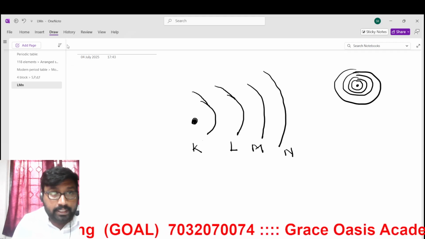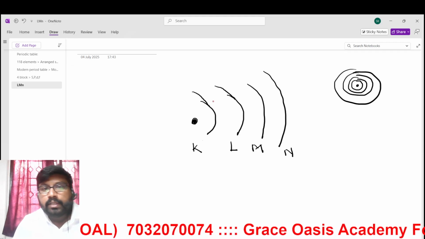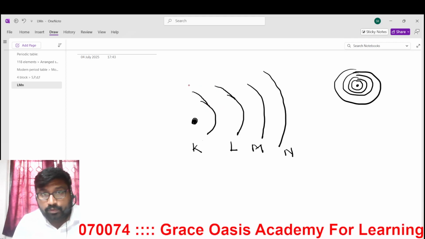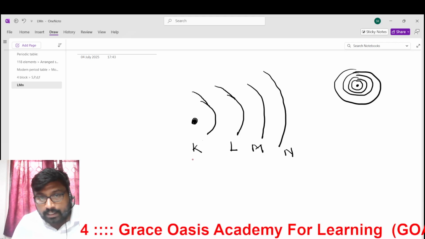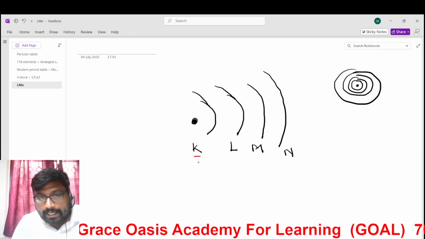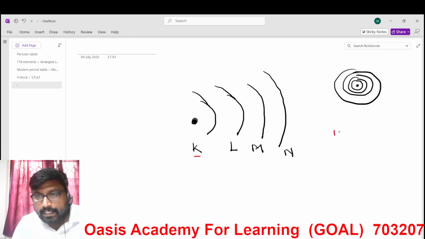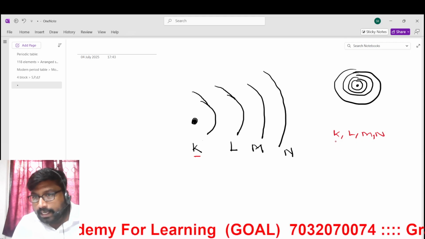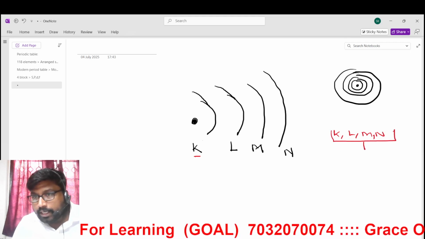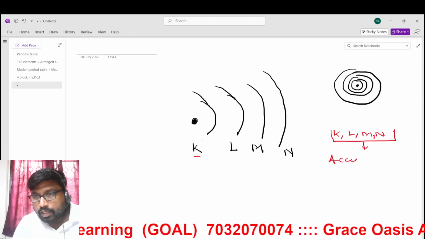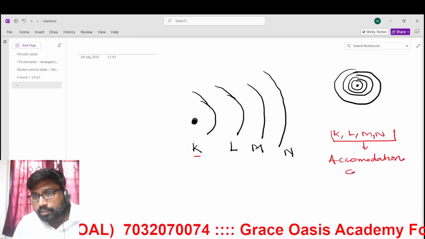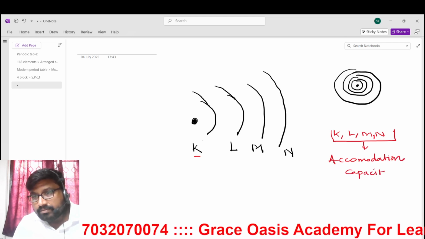Within these shells we have subshells also. Before going into subshells, we'll see the capacity of the K, L, M, and N shells. Each has a particular accommodation capacity, that is, how much it can take.